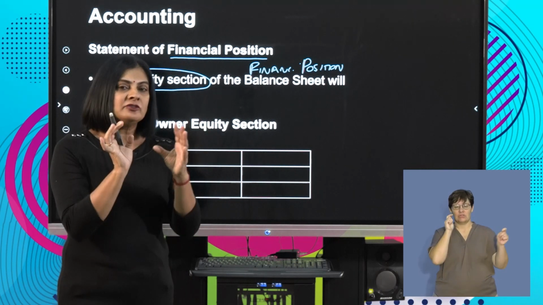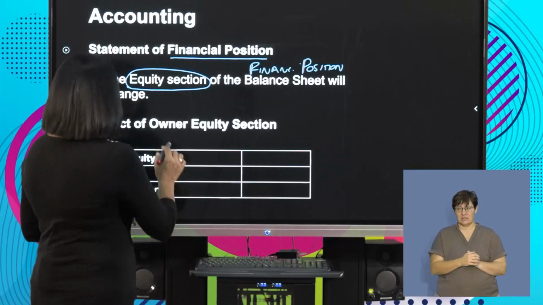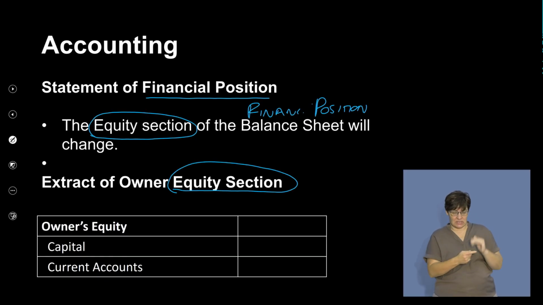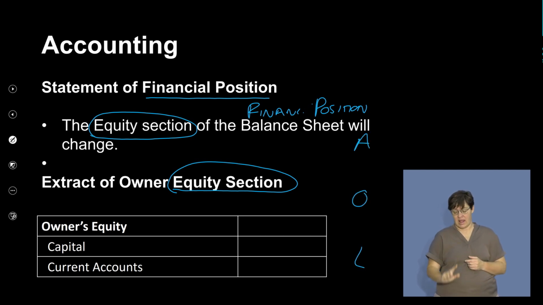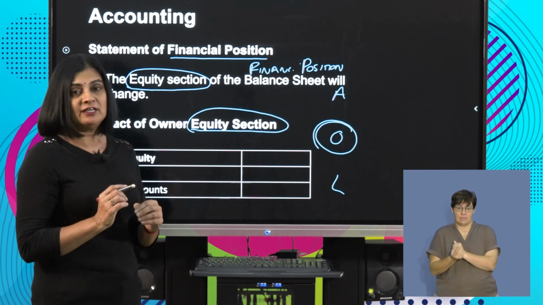So what are the changes that are going to occur in the balance sheet? You're going to find in the equity section of the balance sheet, remember we've got A, then we've got O, and we've got L in our balance sheet. So obviously I'm referring to the owner's equity section. The following changes are now going to take place.